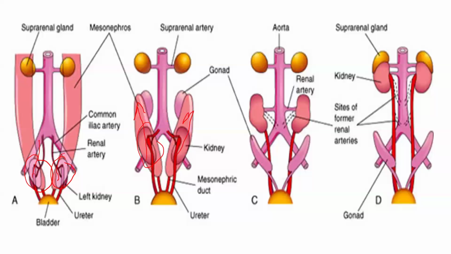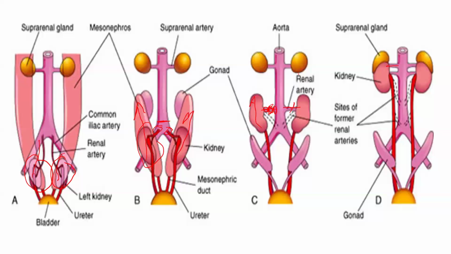They start to ascend, and as they ascend, the source of the renal artery changes. Initially it was the common iliac arteries, and then it changes to the lower part of the abdominal aorta. So as they move upwards, their renal arteries also change. So that one will involute, will break down, and another one will form.